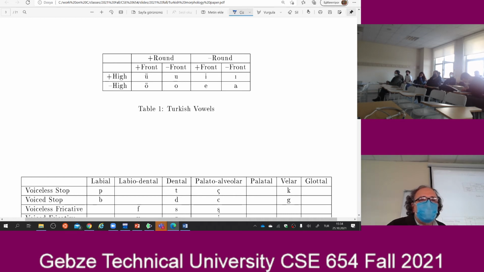When you say o, u, ü, you round your lips, and these are not: a, ı, e, etc. And depending on where your tongue is, the front of your tongue: u, ü, o, ö, this ü and ö is front and high. So there are three classes: being round, being front, and being high. They are all related to each other.